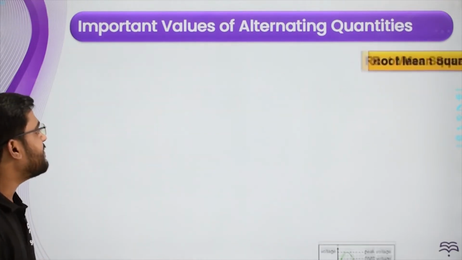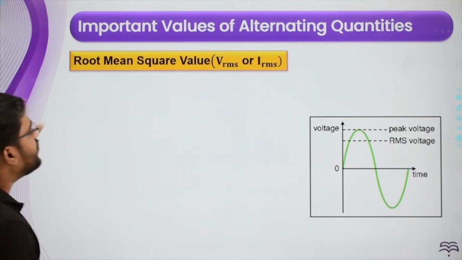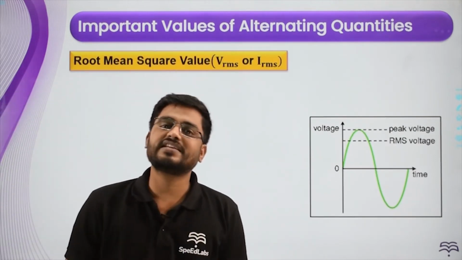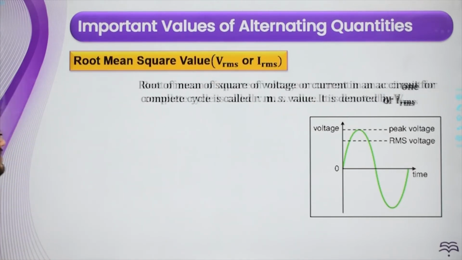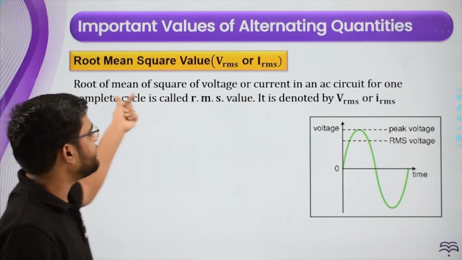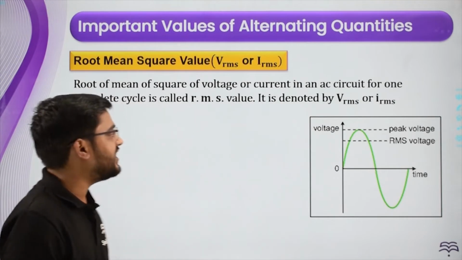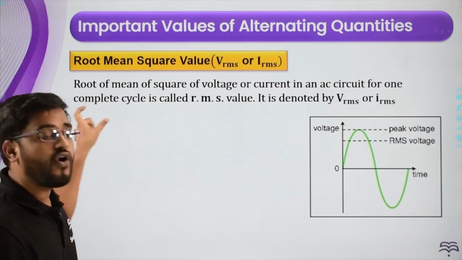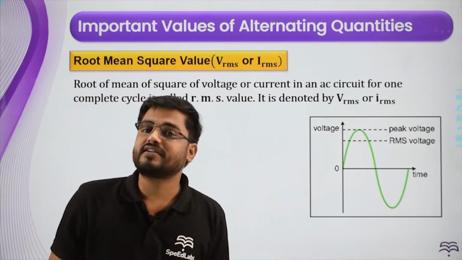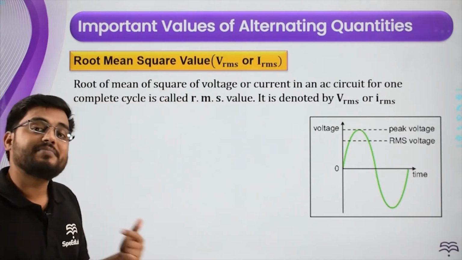In the same manner, we can also go for root mean square value. So it is just that we find the mean square value first, then we find the root. So that is called the RMS value or root mean square value. So root mean square value is nothing but the root of the mean square value, and in short it is called RMS value.